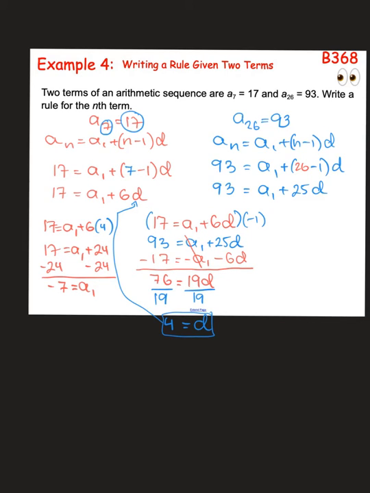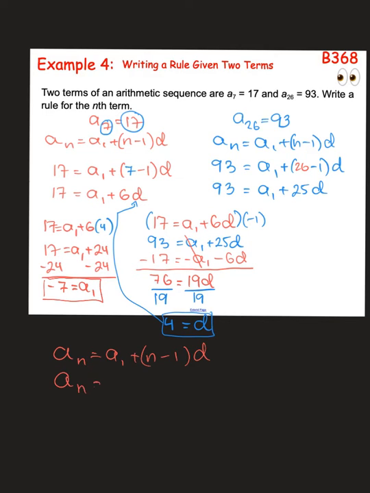Now we are ready to write the equation for this particular sequence. Again, the nth term is the first term plus n minus 1 times the common difference. We know the common difference is 4 and the first term is -7.